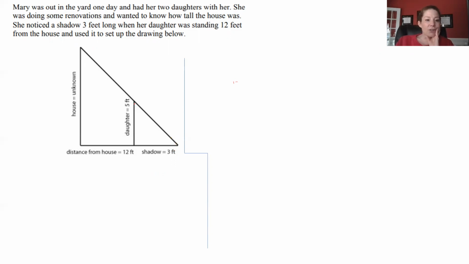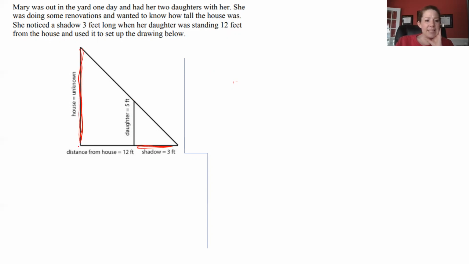So here's the daughter. The daughter is 5 feet tall. Does it say that? Okay, here's her daughter, and the sun is shining, and she has a shadow. Her shadow is 3 feet long. And then here's the side of the house.